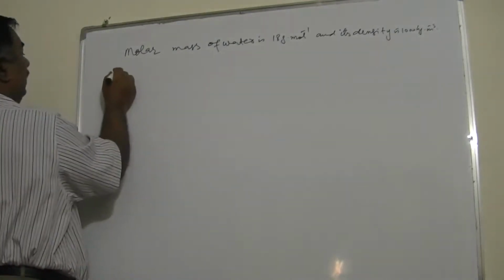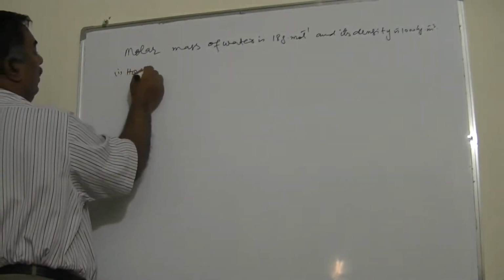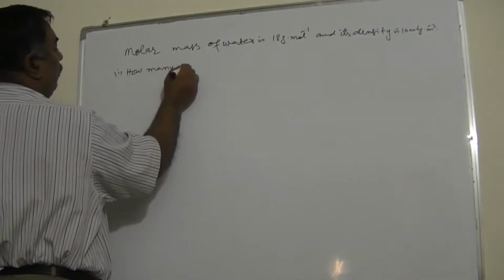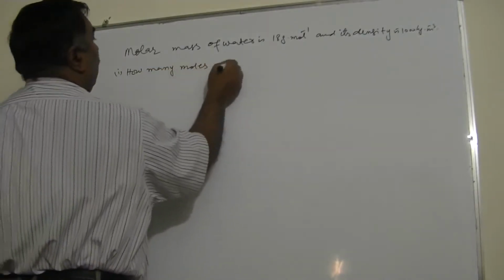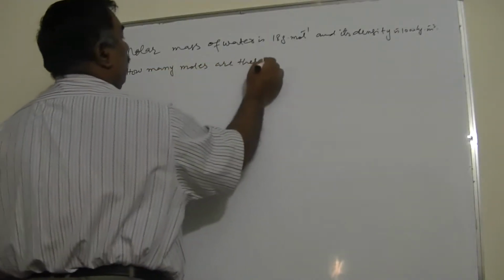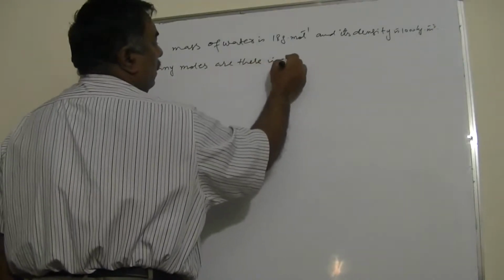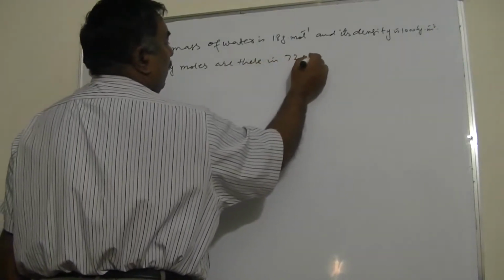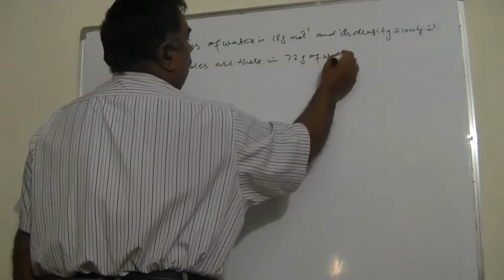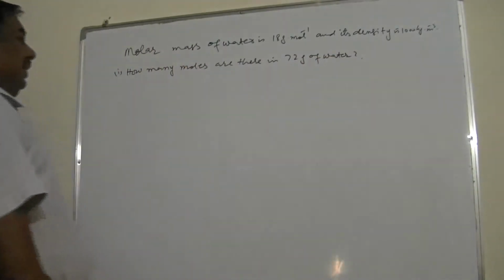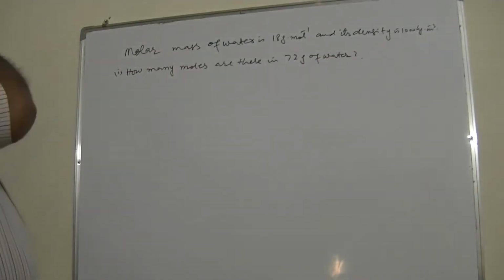For example, if he asks how many moles are there in 72 gram of water. First, we can do this directly by the ratio method.